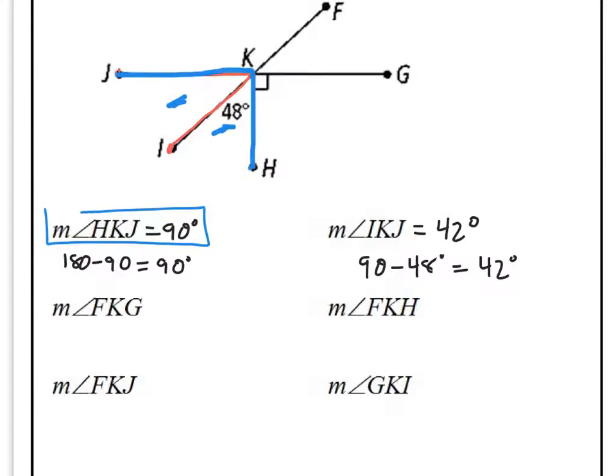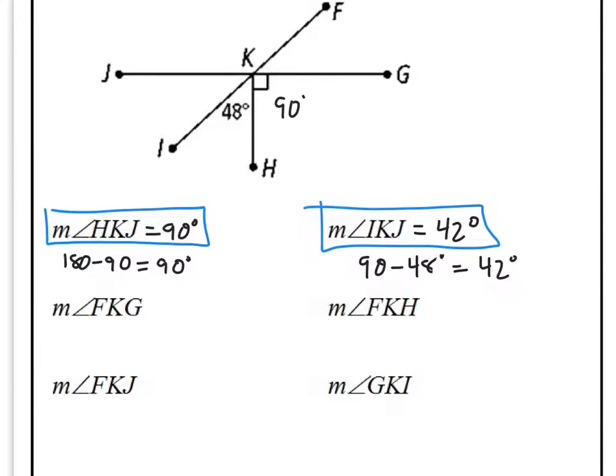All right, so we found a lot of good stuff here. Let's see if they'll let me erase this up here. Perfect. Okay, so we know we have that 90-degree angle. It's already marked for us. We know this is 42 degrees, so I'm going to write that in there as well. Now we're looking for the measure of angle FKG. So FKG is this angle up here.